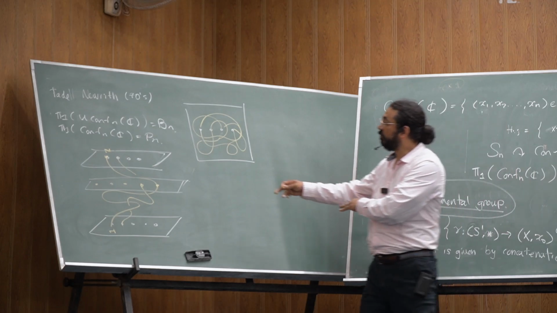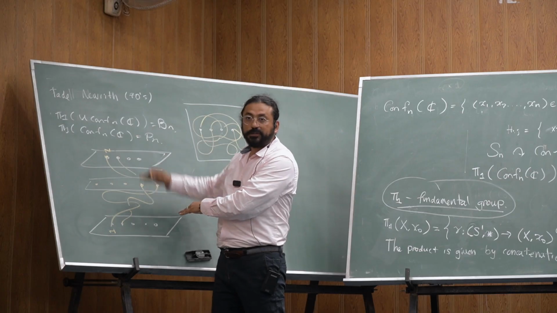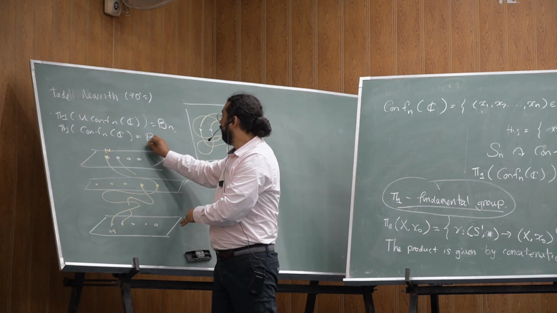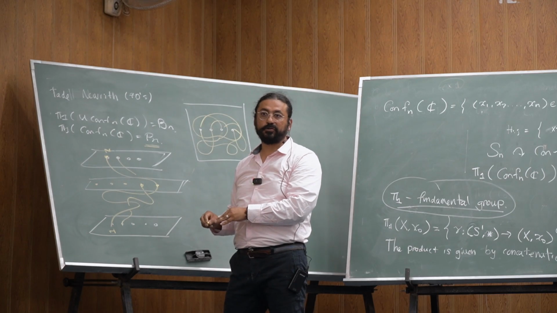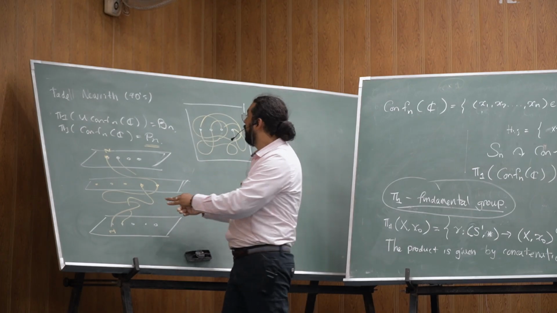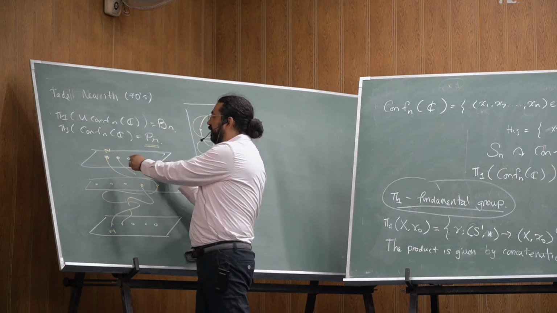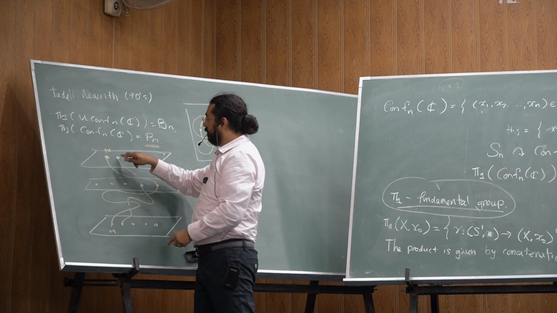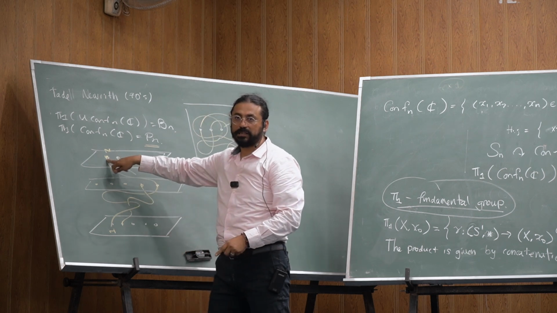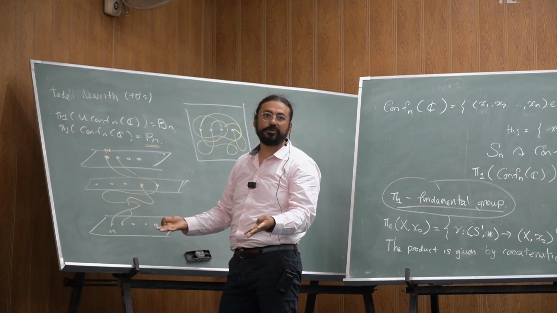So when we begin and end at the same point, this is called the pure braid group, meaning that you have no permutation. And when we have the unordered case, you can begin at any of the points and end at any other, because they are unordered.